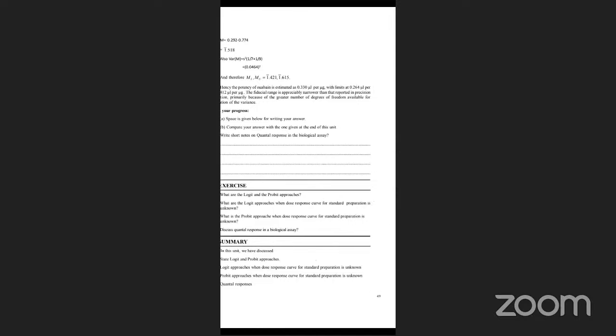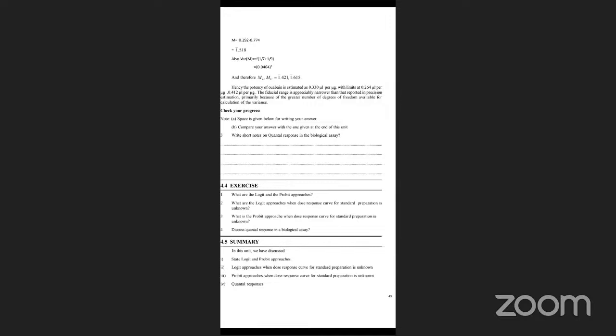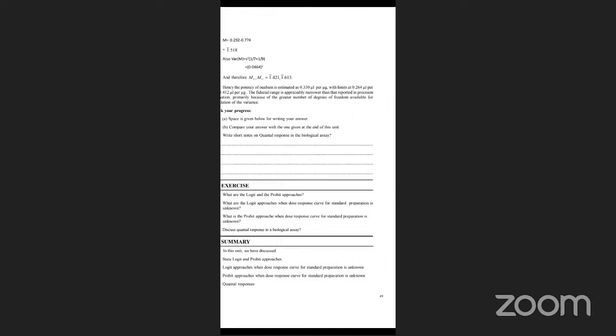Hence, the potency of tincture is estimated as 0.33 ml, with limits at 0.64. So, the fiducial range is appreciably narrower than that reported in precision estimation, primarily because of the greater number of degrees of freedom available for calculation of the variance.